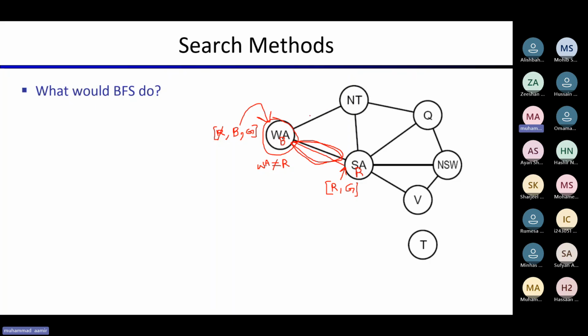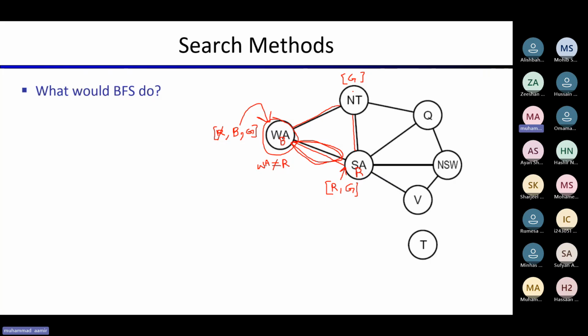Then, because we are following BFS, we will come to this state, and the domain of this particular state has only one value, and that is green. Because blue has been assigned to one of the adjacent or neighboring states, and red has been assigned to the second adjacent state.